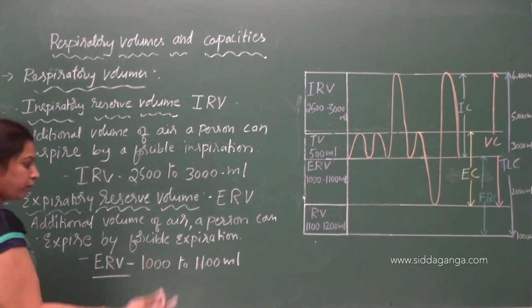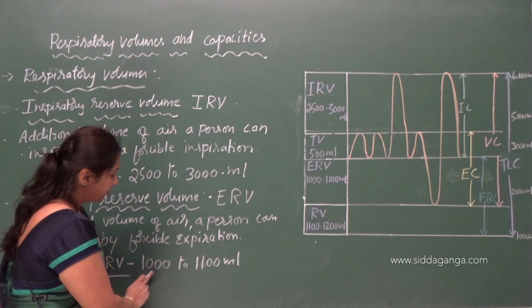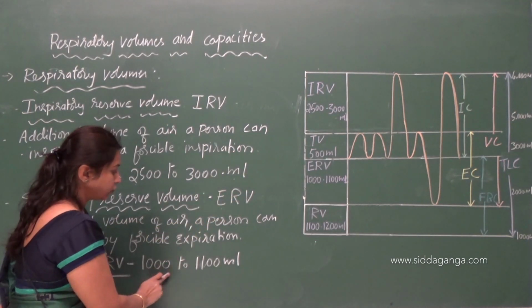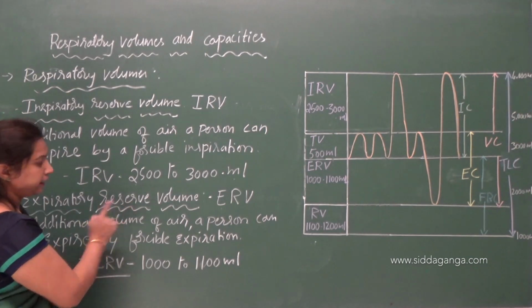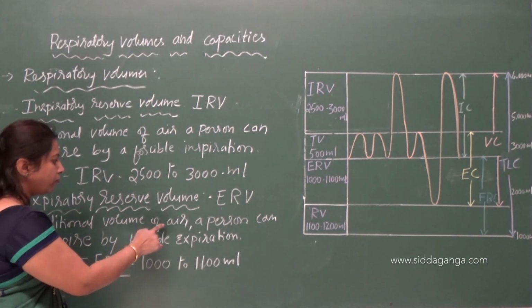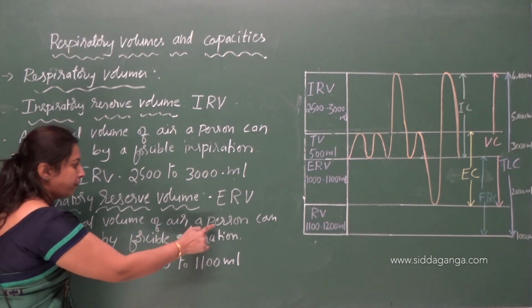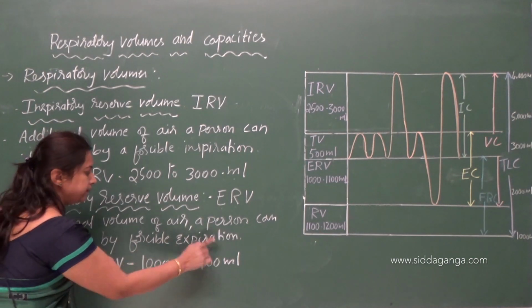So if we expire forcefully, how much volume of air are we able to expel further, apart from 500 ml? 1000 to 1100 ml. So expiratory reserve volume is the additional volume of air a person can expire by forcible expiration.